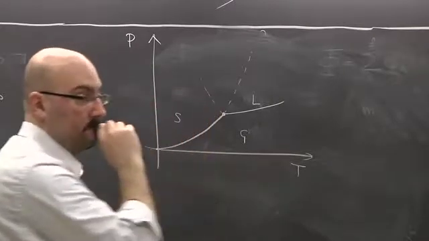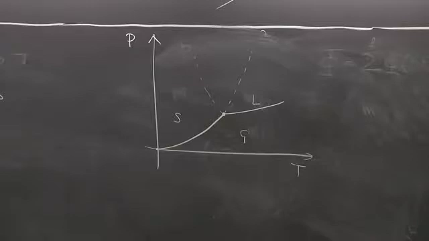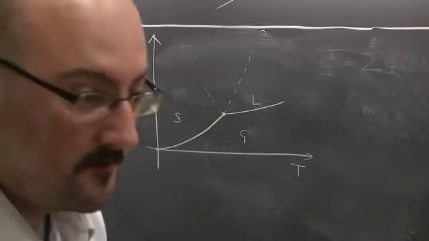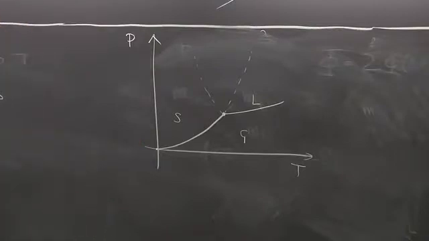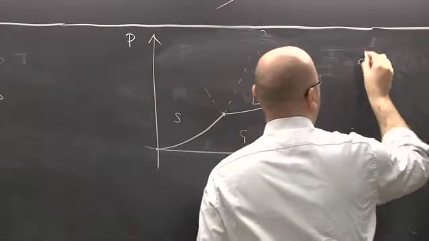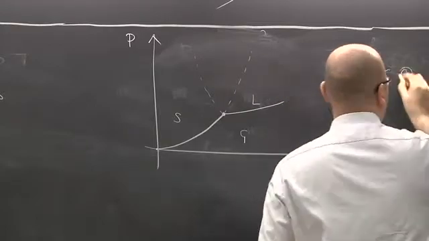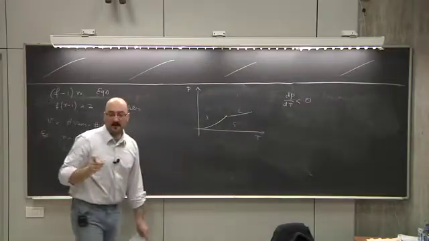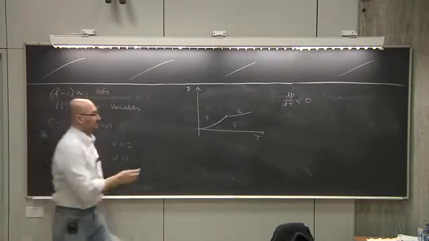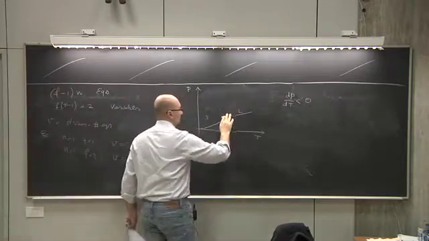The first one. Why? dP over dT is negative, very good, and so this one is the correct one.